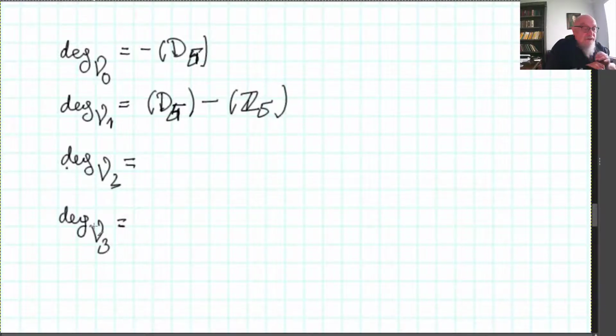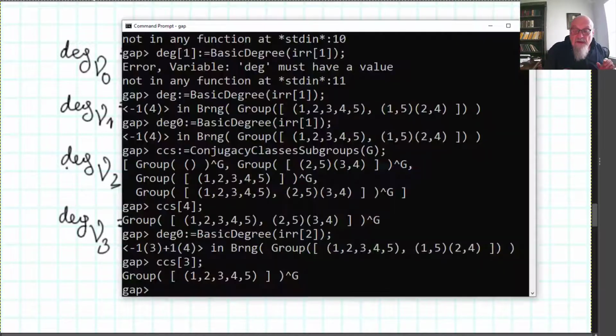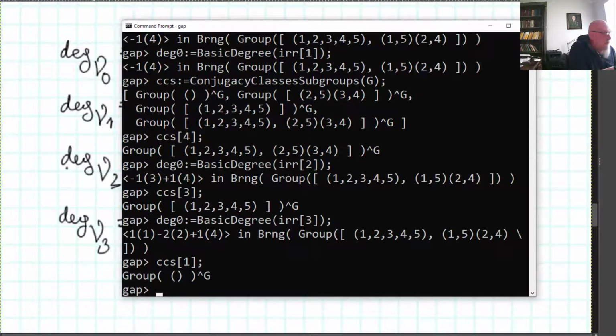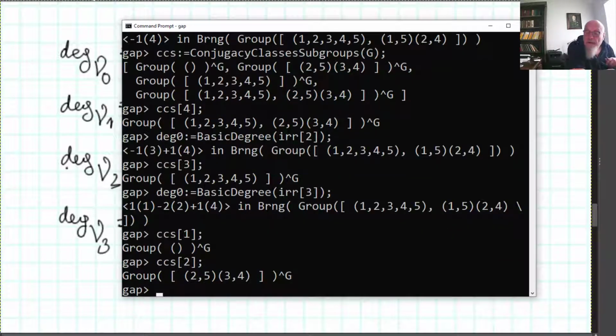V3, 1, 1. So let's do it. I'll just go here and write it down, number 3. There is a 2 and 1. 1 is trivial. So CCS1, we are getting here, this is the trivial group. CCS2, and you see this is kappa.